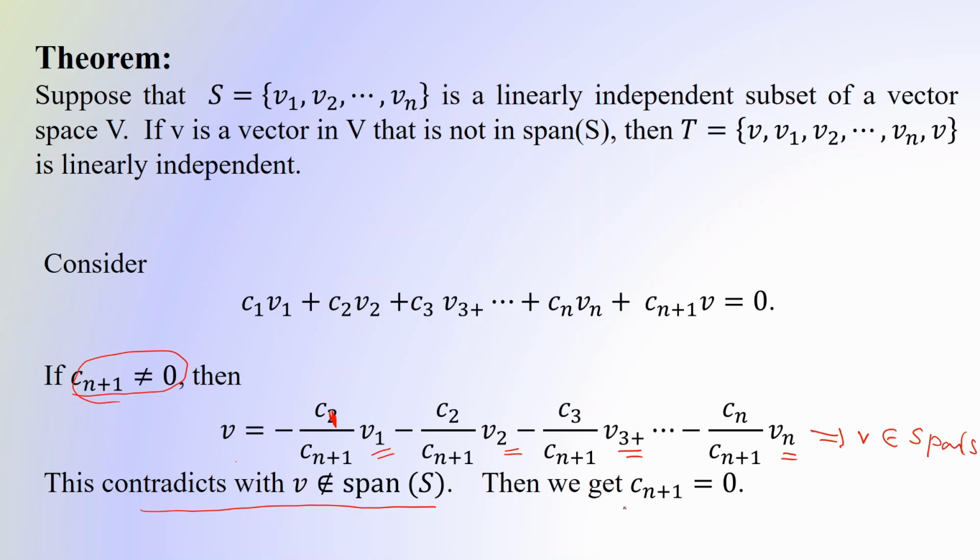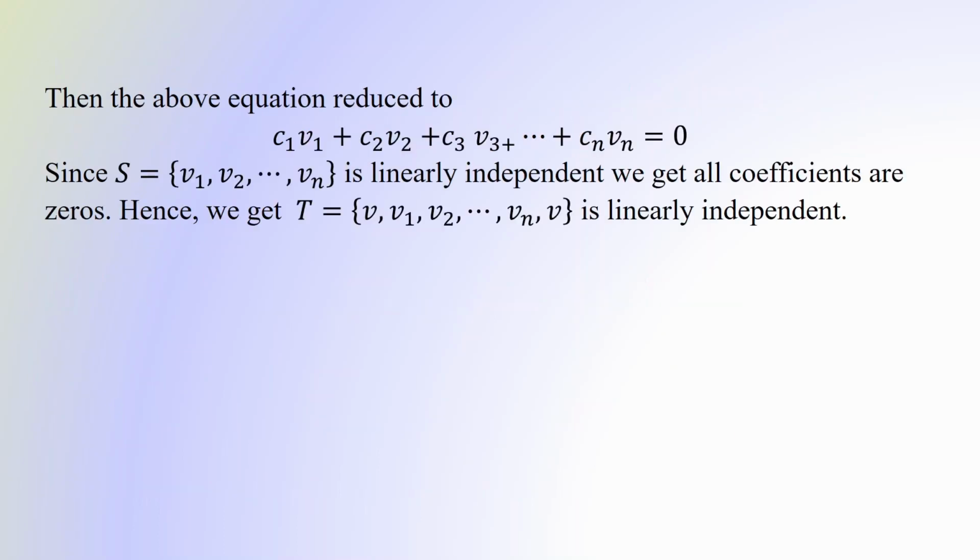So then we get c_{n+1} is equal to 0. So this term is equal to 0. Now v1, v2, ..., vn are a linearly independent set. If this sum is equal to 0, that means all the coefficients c1, c2, ..., cn are equal to 0, because v1, v2, ..., vn are linearly independent.